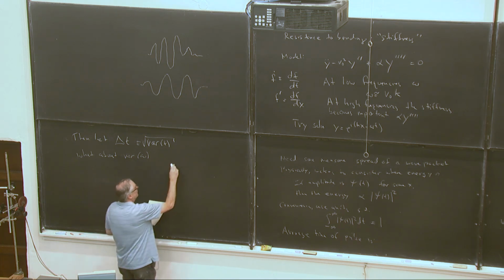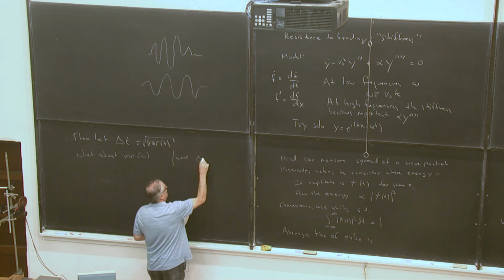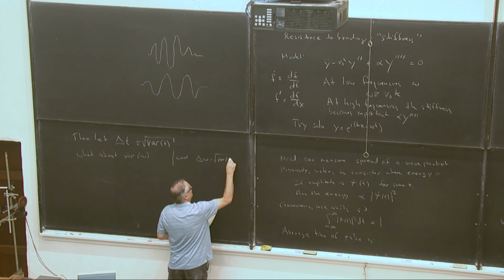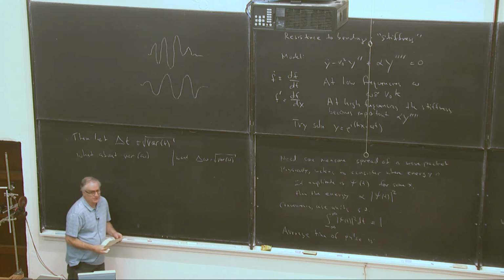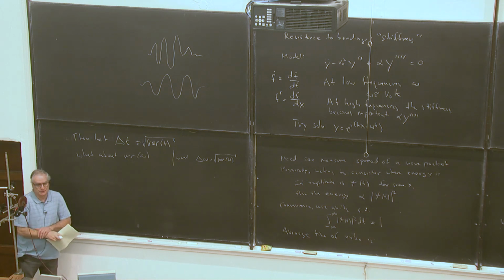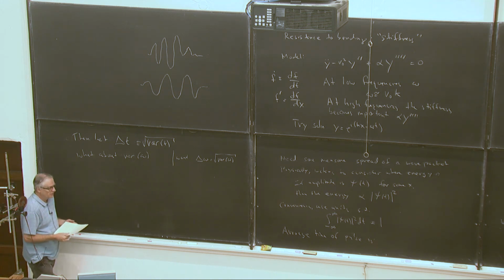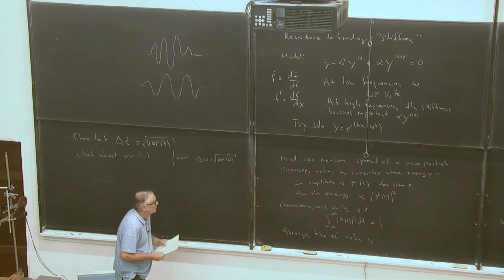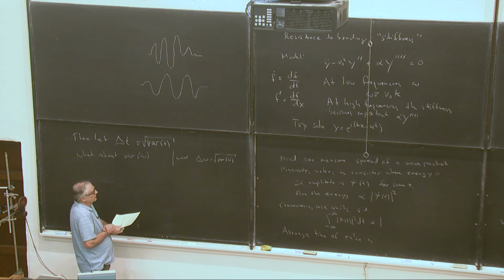I want to define delta omega as the same kind of thing in the frequency, in terms of the frequency distribution. So I have many frequencies going on, making my pulse, and it's making the pulse of some width.